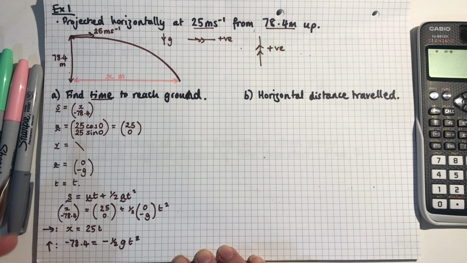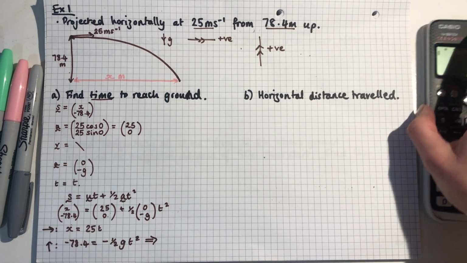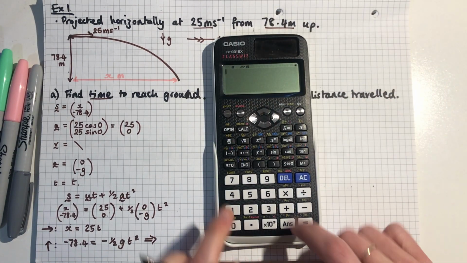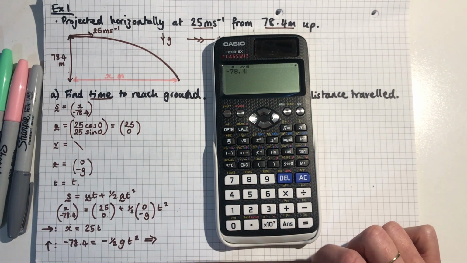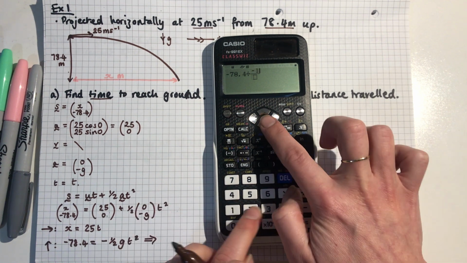Now, in order to answer part A, find the time travelled, I can't use this one because I don't know x, but I can use this one because the only unknown here is t, because of course g I use as 9.8. So let's work with that one. And we have got minus 78.4 divided by minus a half.